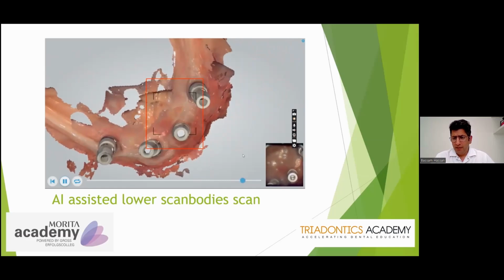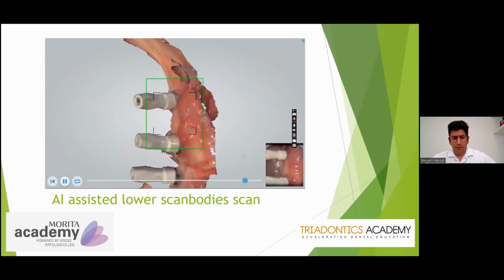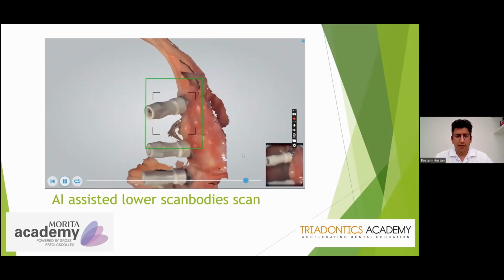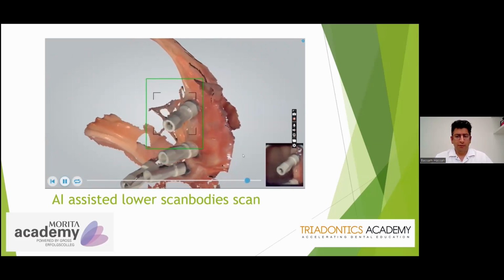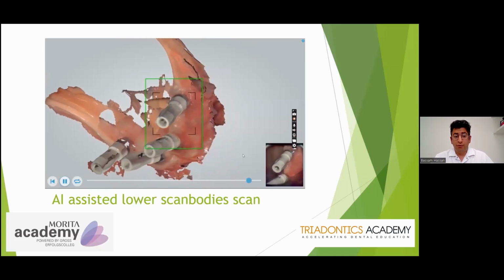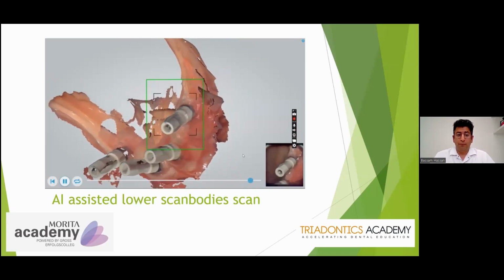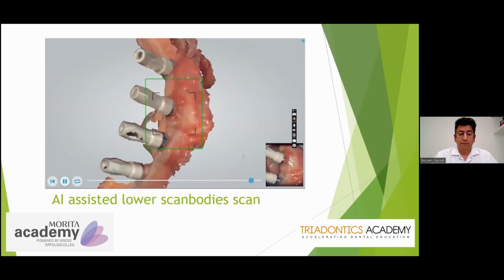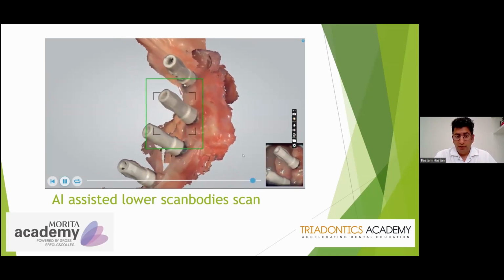There are many techniques to do this, in which you needed to connect the multi-unit abutments or connect the scan bodies together, or glue them with acrylic or with composite, or use floss in between, or do framework scanning. But I just want to show that in an almost impossible situation, you're also able to obtain the scan body positions.